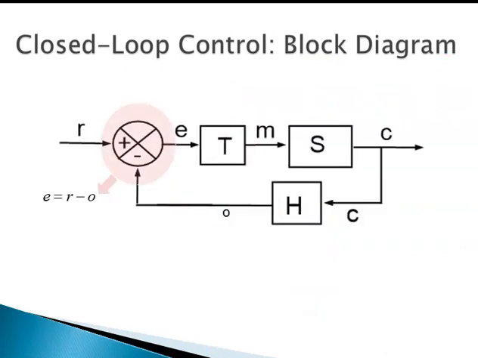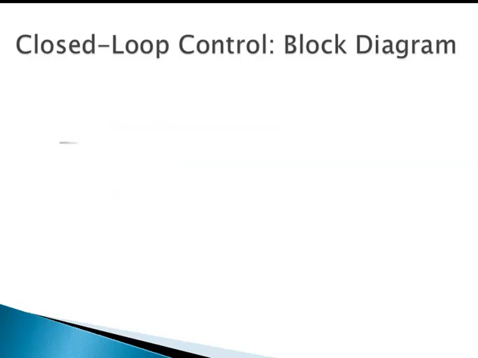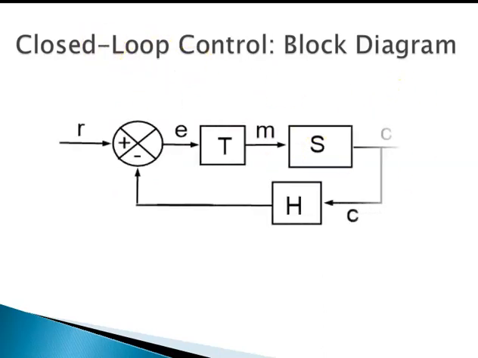Let me run it from the beginning. This is the block diagram we have, and then we are focusing on comparator, and the equation for comparator is R with positive sign, O with negative sign.